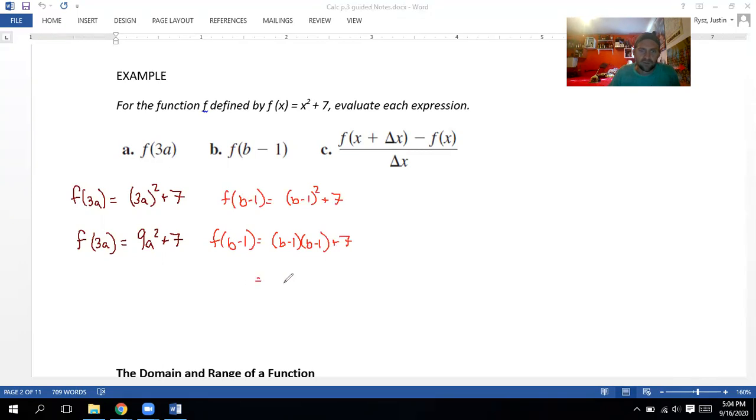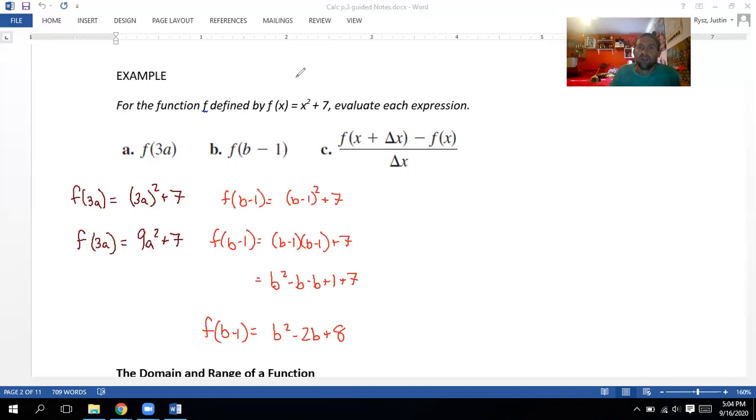If we FOIL that out, we get b squared minus 1b, then another minus 1b, and then a plus 1. Still got a plus 7. So finally, we get b squared minus 2b plus 8. Not too bad. I'm just simplifying here.